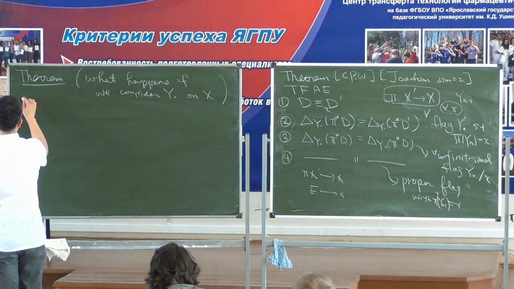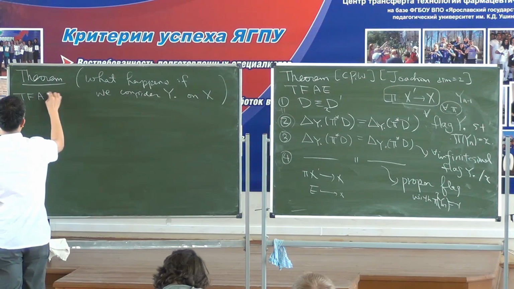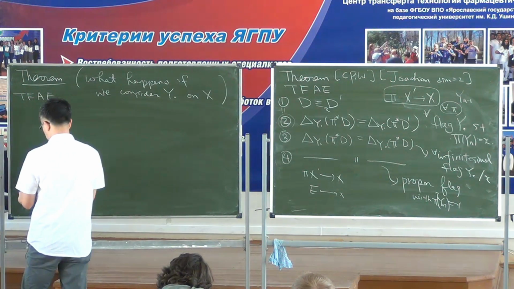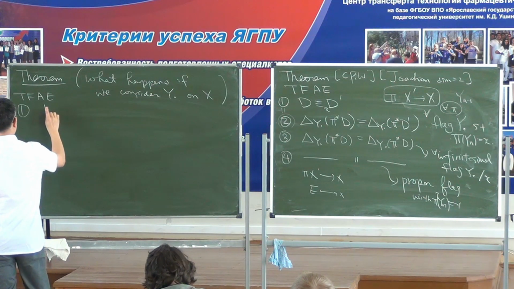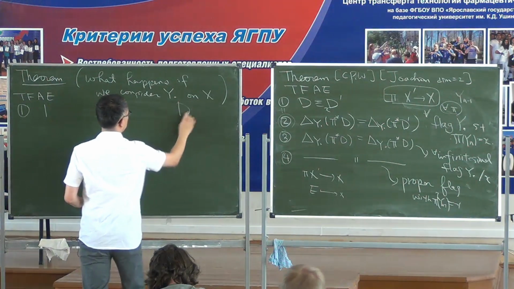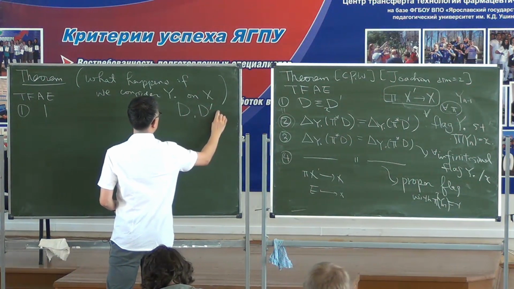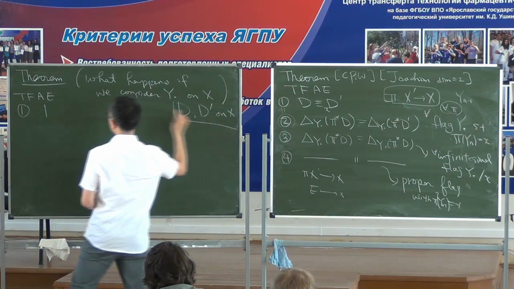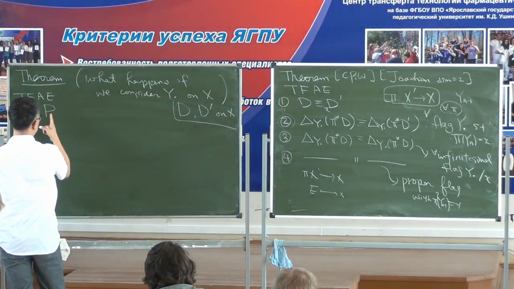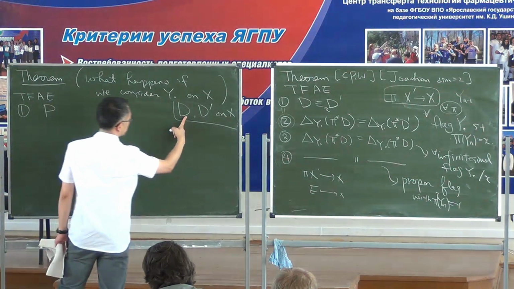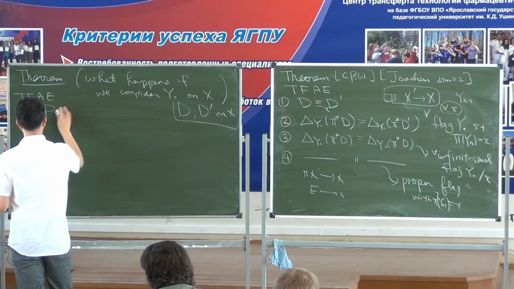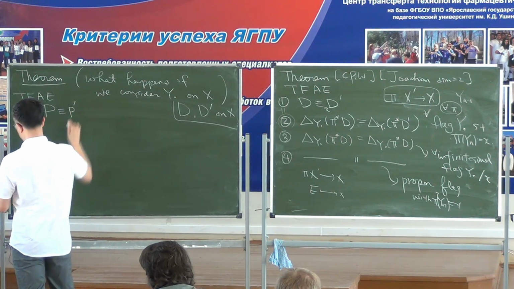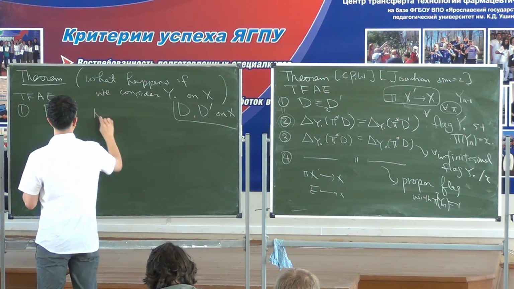Okay, so the following are equivalent. One. So we have two divisors, D and D prime on X. This is given, and P stands for the positive part, and N stands for the negative part. Okay. So P and P prime are numerically equivalent.